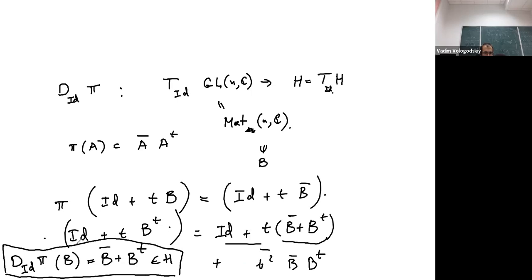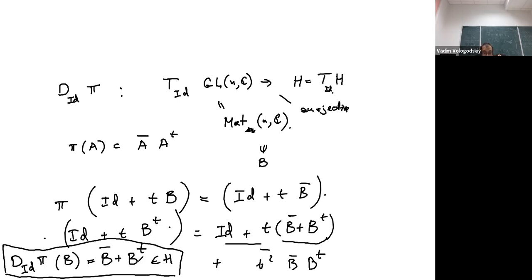We describe the differential, and again, our goal is to show that this map is surjective. But that's clear because any Hermitian matrix can be written in this form. So that means that this is surjective. Why can any Hermitian matrix be written in this form?